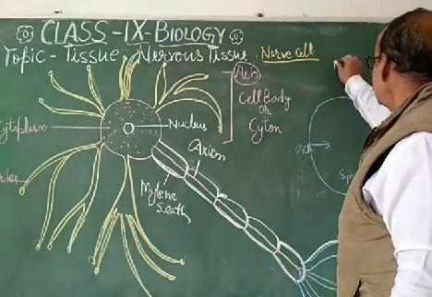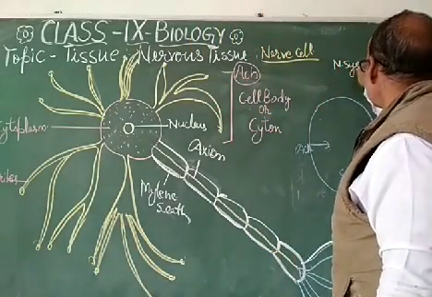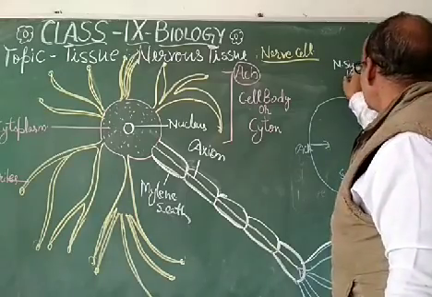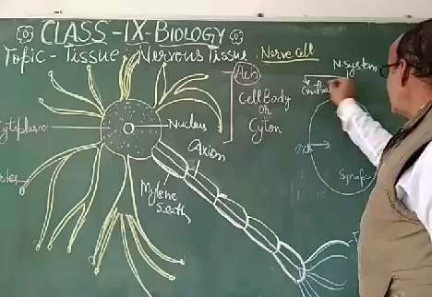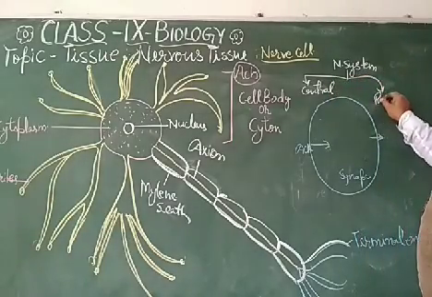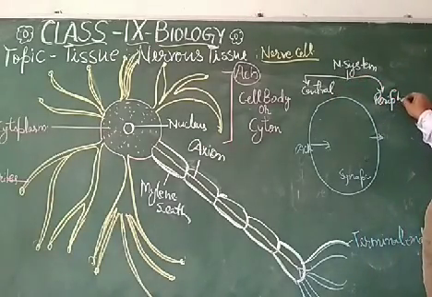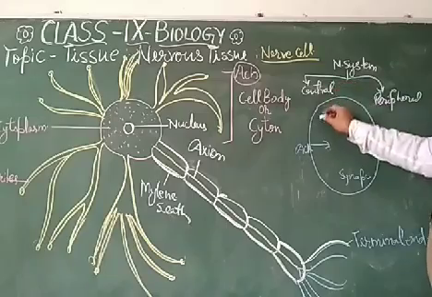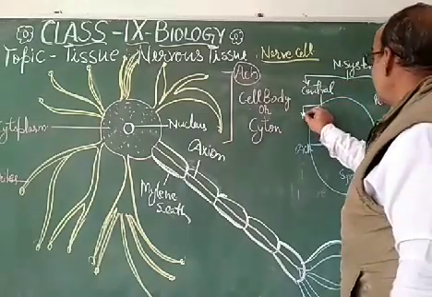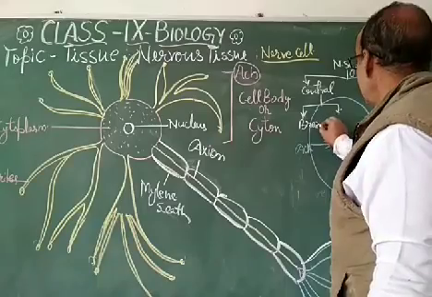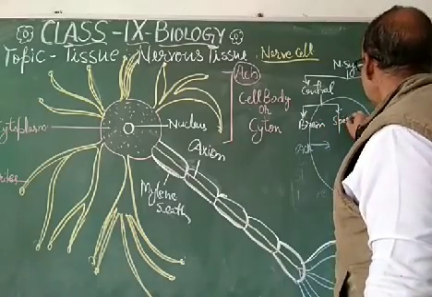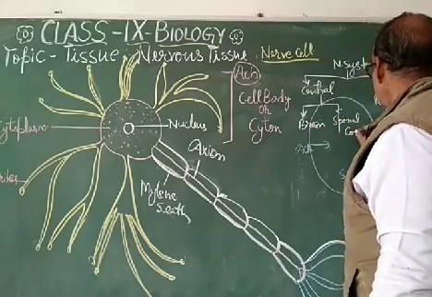So nervous system is divided into central and peripheral nervous system. Central nervous system is having two parts, that is brain and spinal cord.